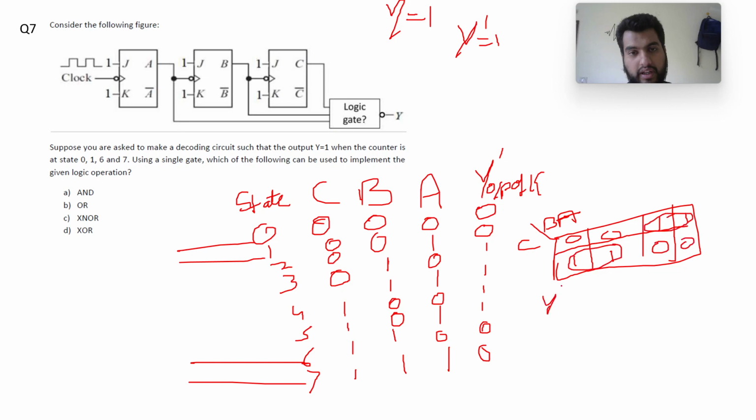So my y complement will be equal to, this is C complement, and what is changing is 0 0, 0 1. This is C, 1 1, 1 0. This is C complement, and this is C complement A. This is, what is this?